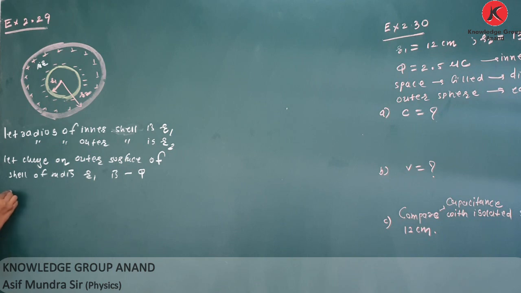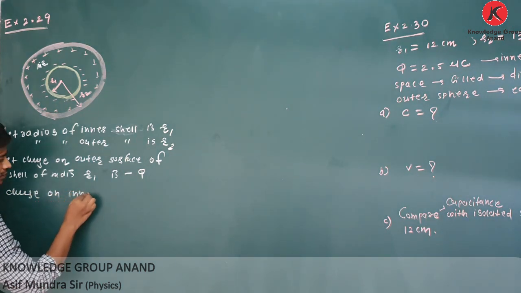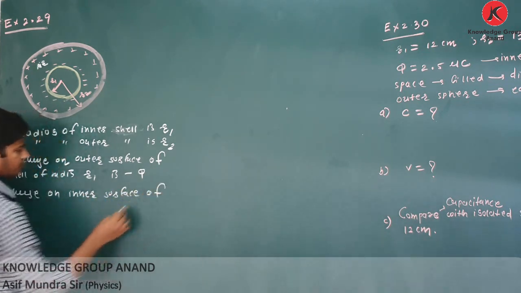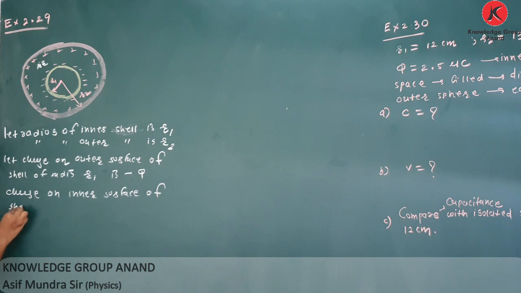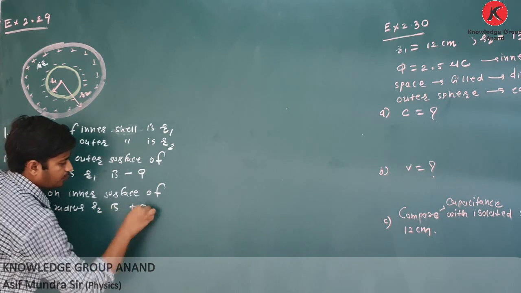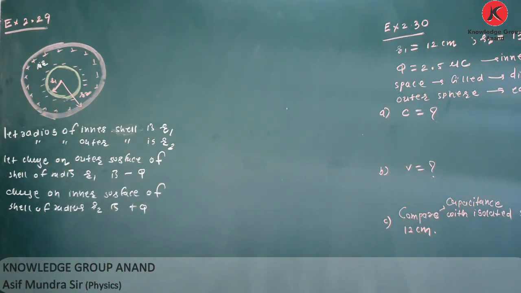And similarly, the charge on the inner surface of the shell of radius R2 is plus Q, as shown in the figure.